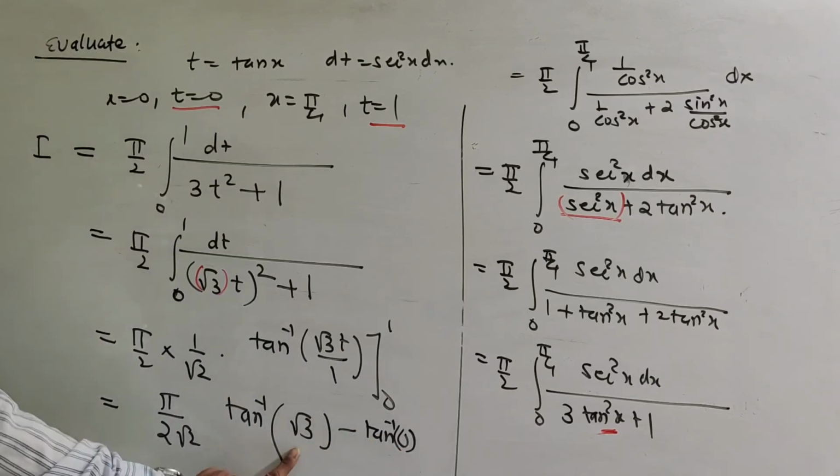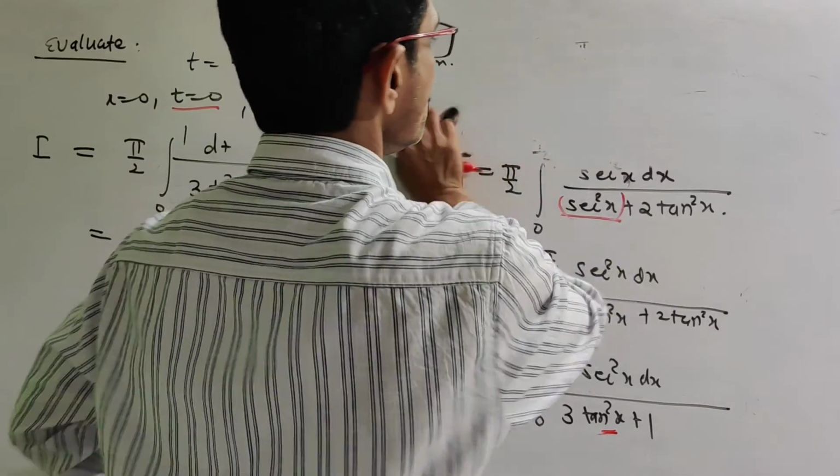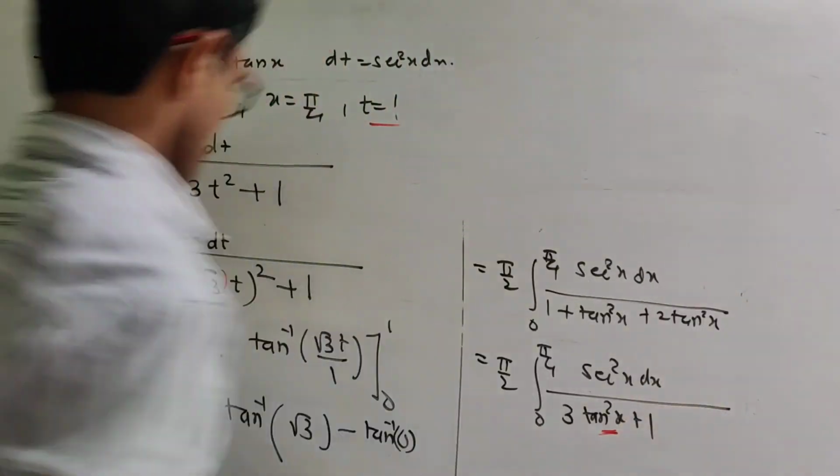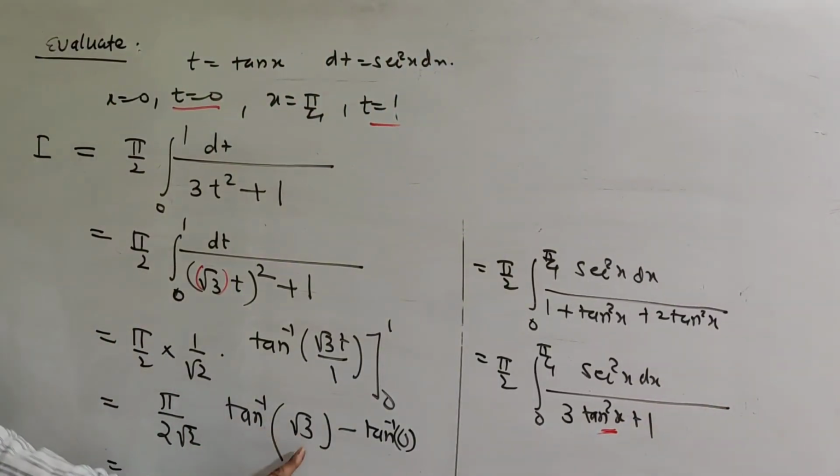But tan inverse of root 3 is pi by 3, since tan of pi by 3 is equal to root 3.